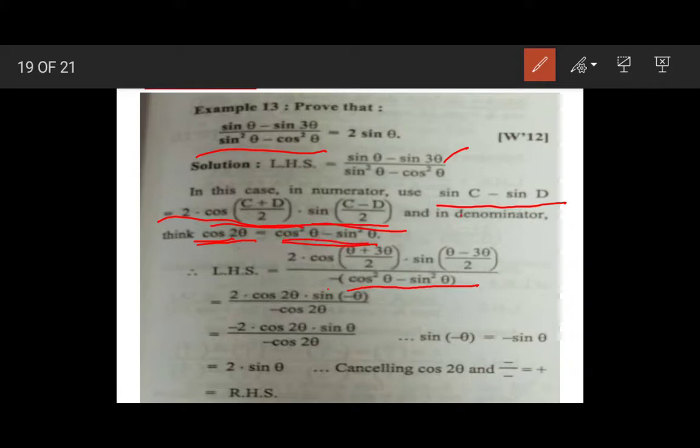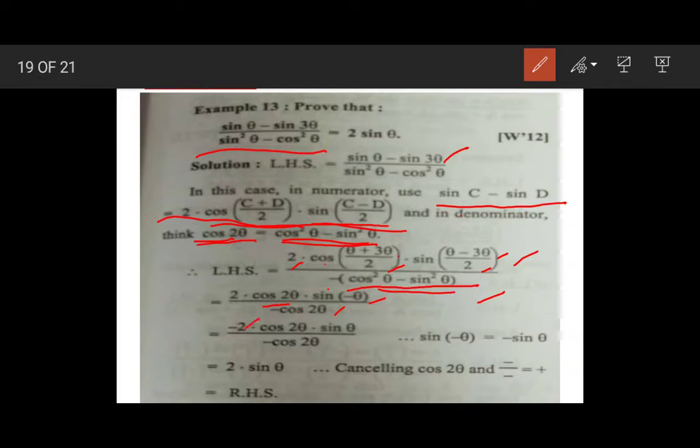Now after applying the factorization formula and the multiple angle formula, what am I getting? 2 as it is, cos 4 theta upon 2 means cos 2 theta, into sin of minus 2 theta upon 2, means sin minus theta. Then the denominator is minus cos 2 theta.